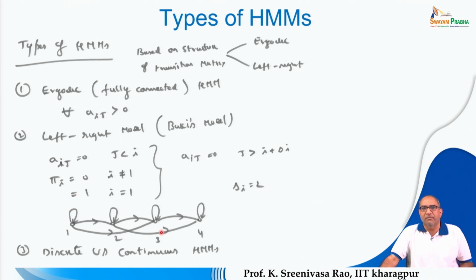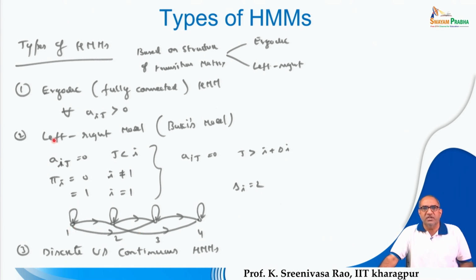The initial vector cannot start from state 3 or state 2 and so on. So if you look at it, pi i equals 0 for all i not equal to 1, that means the initial state should start from the first state only. So pi i equals 0 for all states i not equal to 1, and pi i equals 1 when state i equals 1. So it means that all initial states start from this and then keep on moving, right.